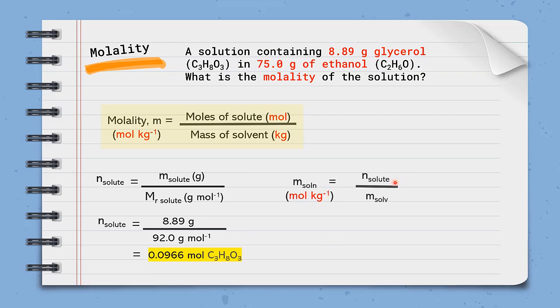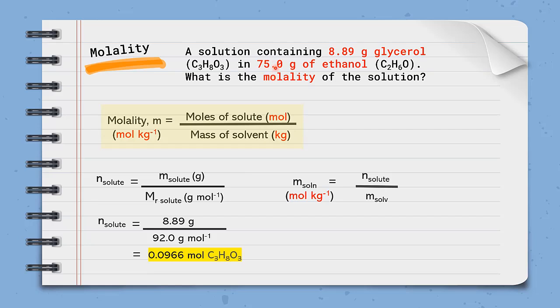And then we're going to proceed to the molality formula. We already have the mole of solute together with the mass of solvent. But please be reminded, your mass of solvent should be in kilogram. At the moment, you only have 75 gram. For you to get from gram to kilogram, you need to divide it by 1000.